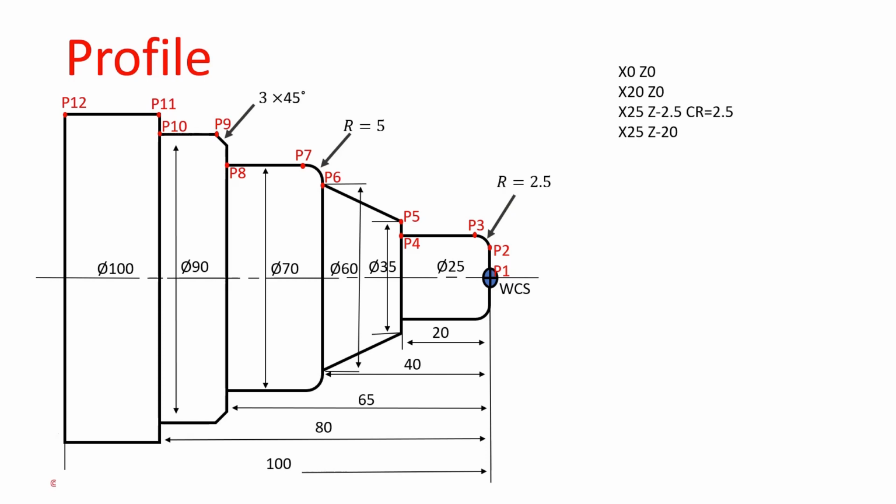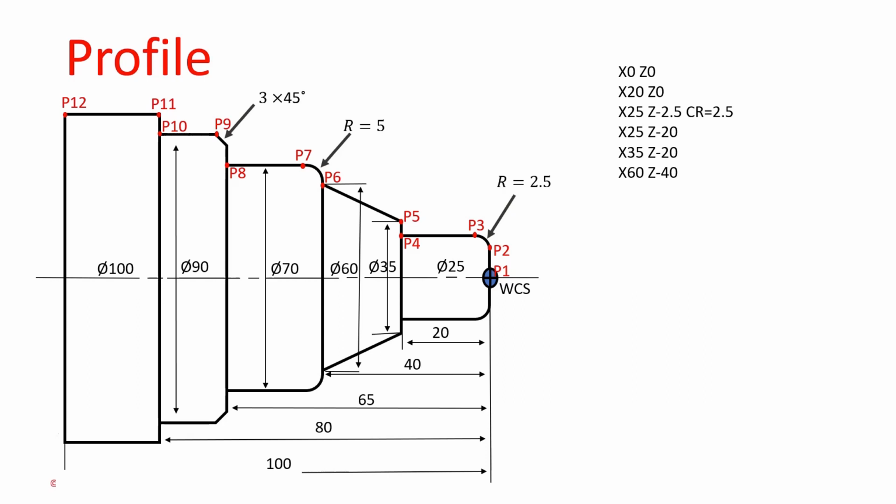This point value is X35, Z minus 20. 35 is the starting diameter of the taper. Next, P6 point. That point value is X60, Z minus 40. 60 is the ending diameter of the taper, and minus 40 is the taper ending length. The P6 point is the taper endpoint and radius starting point.